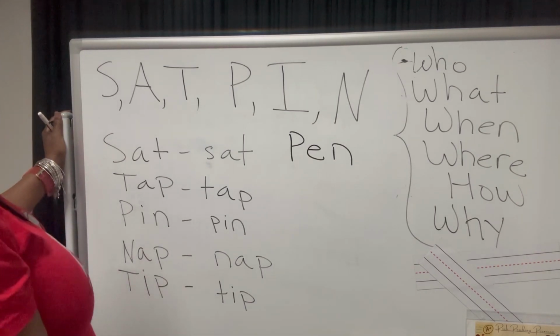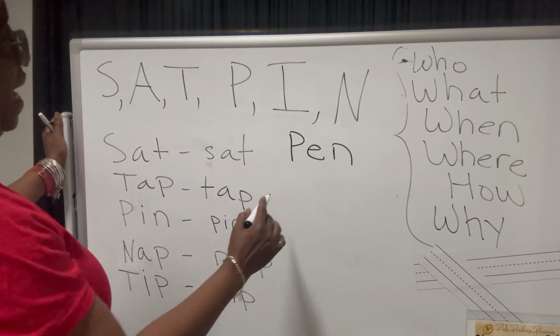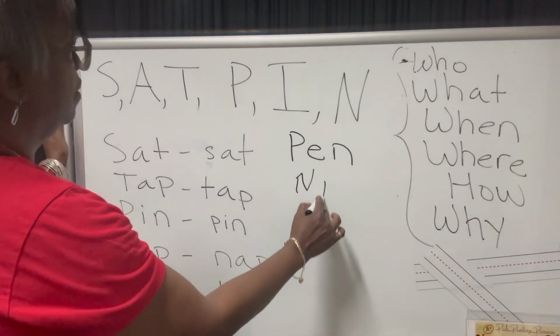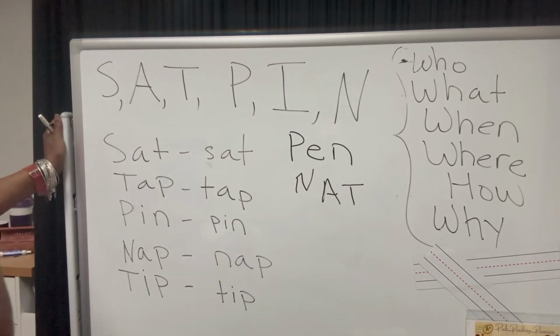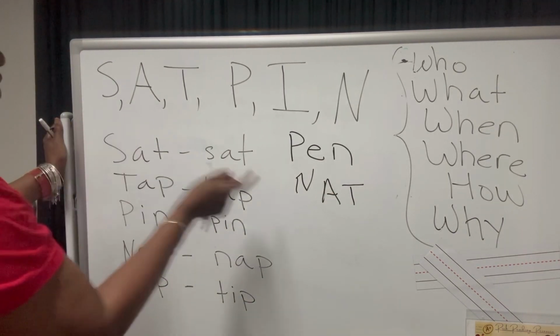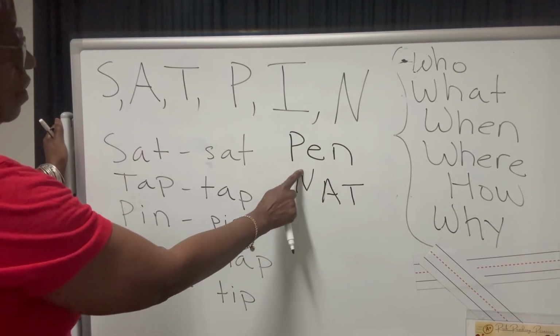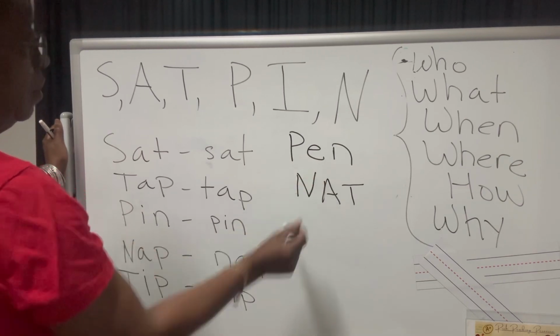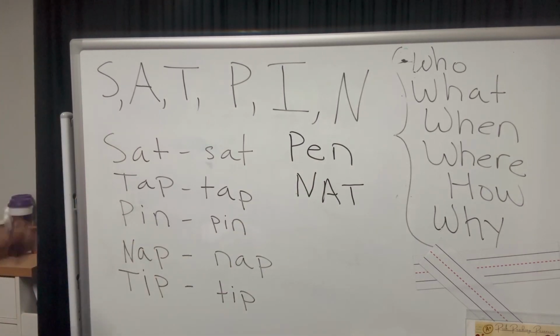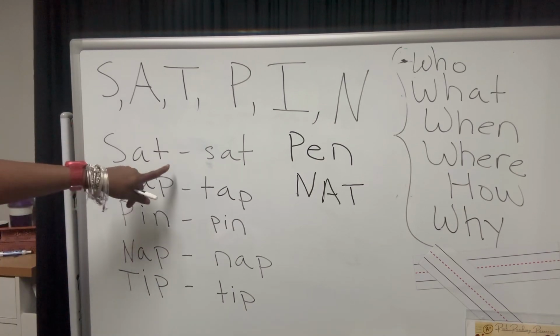I see gnat, N-A-T. Those little annoying bugs sometimes. They're called gnats. Oh, this N looks different. And then we have, look, right here, SAT.